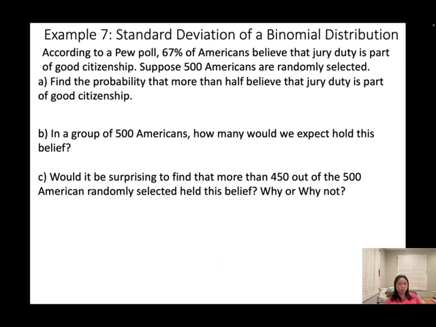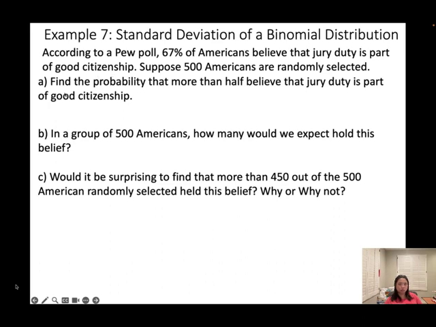Okay, what's your n equal to? n equal to 500, right? And then what is the p, the probability of success? We do have 67% of Americans who believe that jury duty is part of good citizenship. So 0.67.